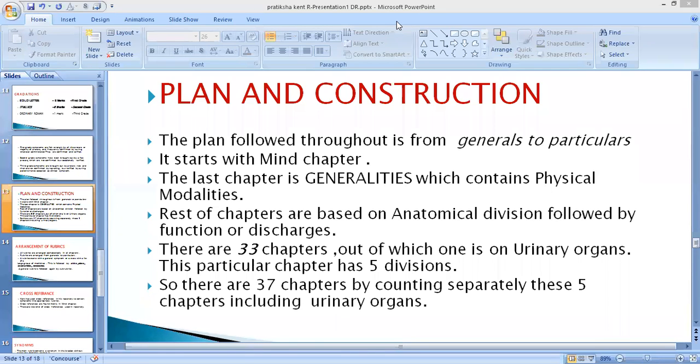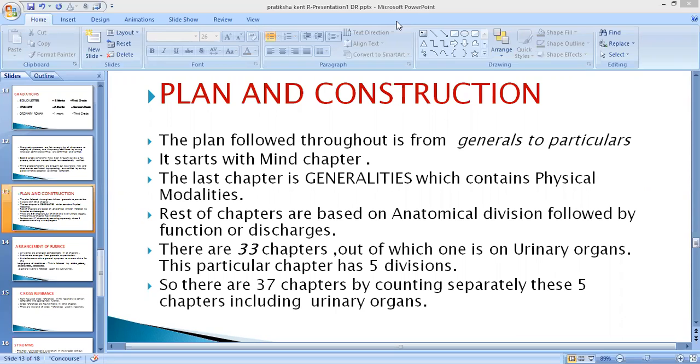So which is the first section, the first chapter in Kent repertory? Which is the first chapter in Kent repertory? Anyone? In yesterday's lecture also I told, and just now I told, which is the first section in Kent Repertory and which is the last section or chapter.